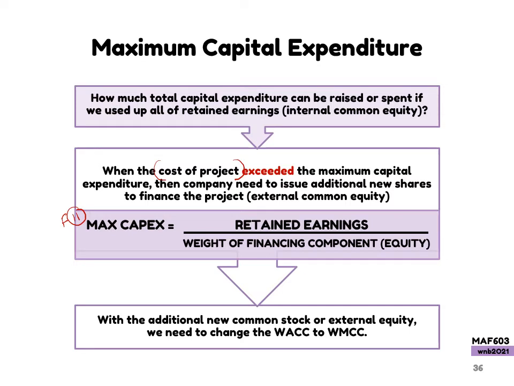And if this happen, bila ada penambahan new common stock ataupun ada additional external equity, kita dah tak boleh nak kira WACC. We need to change the WACC to WMCC, weighted marginal cost of capital.